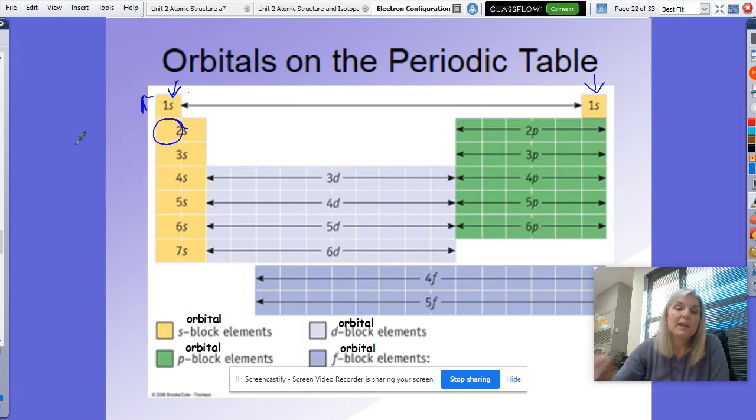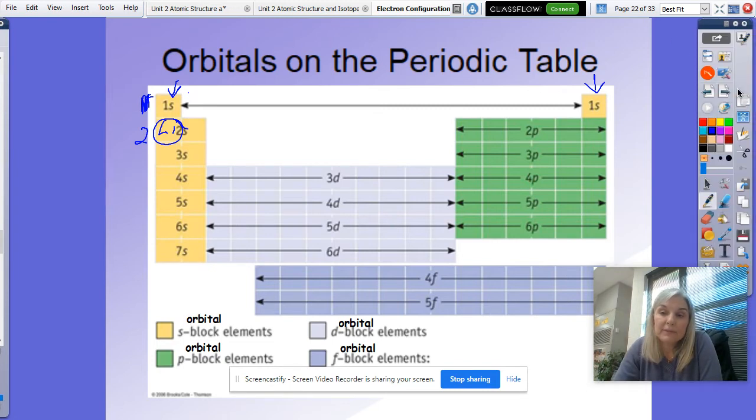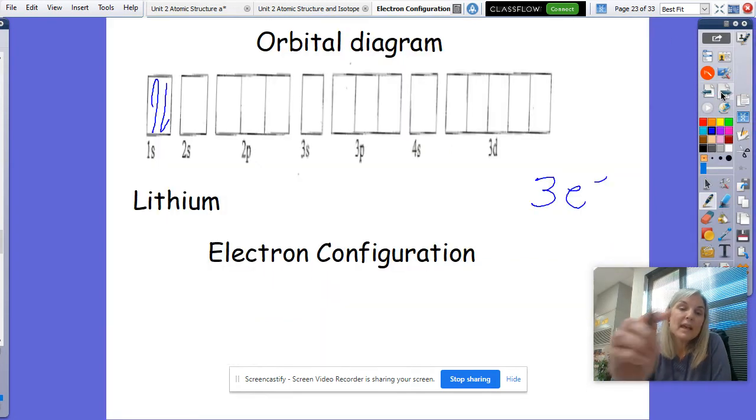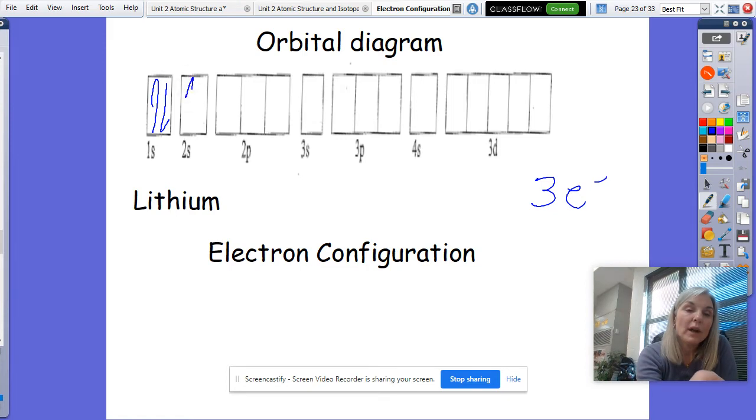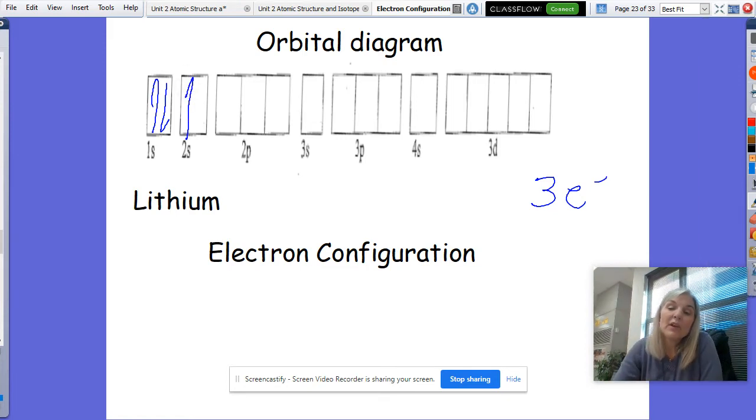And now we're in the second energy level, because this was our first energy level. And we see that we're right there. This is lithium. This is where lithium is located. And that's where we stop. So I go back, and I only have 1 box. So I counted the boxes.